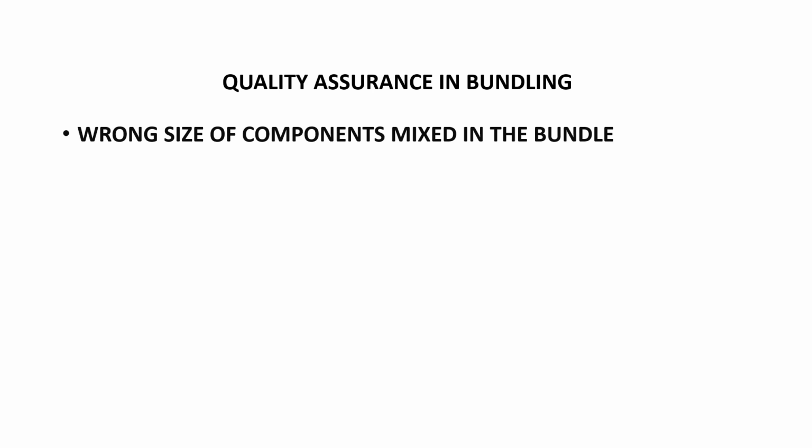You have to again identify that particular component. And what happens if such things are mixed in the bundle and it is stitched? What type of garment will be produced? You just see. That is why quality control at this stage is very, very important in the bundling operation.